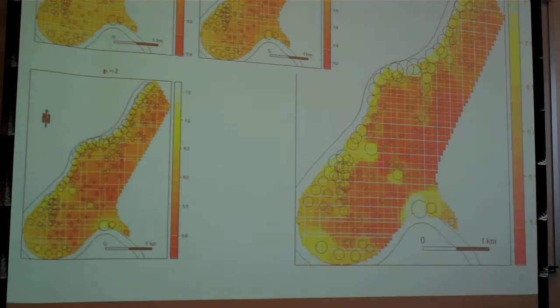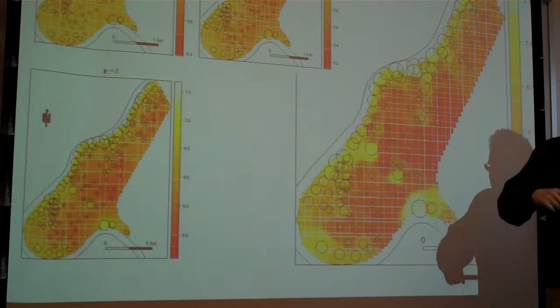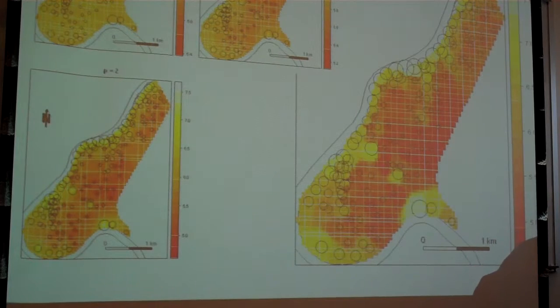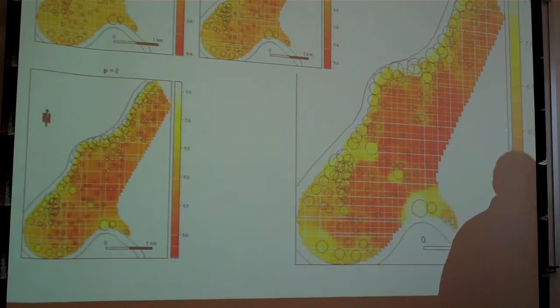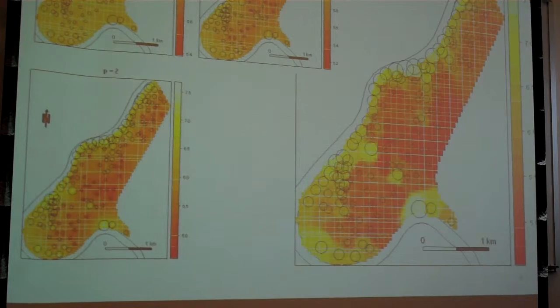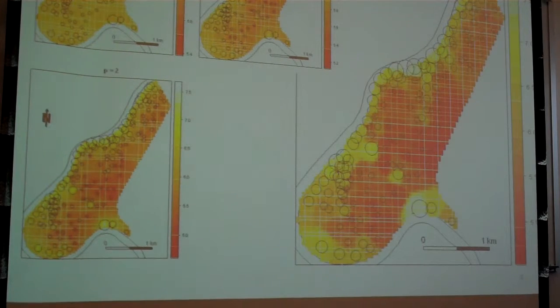I mentioned that this is one axis of goodness of a model. But because this is a spatial model, or a spatial process, it's important to ask: is there any spatial pattern in these prediction errors?